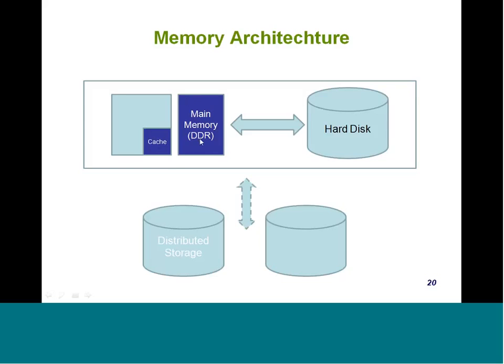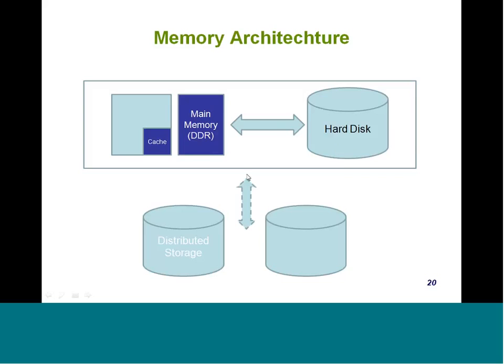And main memory in a heavy-duty server can go all the way up to 1 terabyte. Then you have the hard disk, which is essentially the storage where things get written, and the programs reside in the hard disk before they get executed.